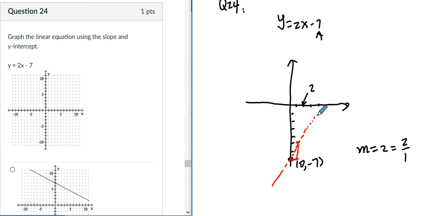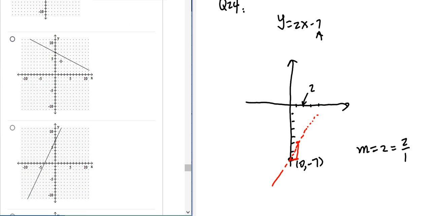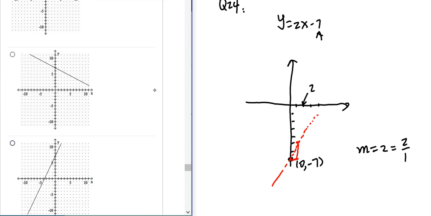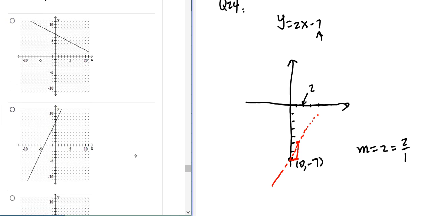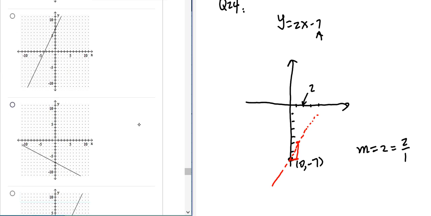You don't know about the x-intercept yet, but apparently you can see this one is not right because the y-intercept is above the x-axis. Here it is negative 7, so that's not a positive value. Here is also a positive value, the second one.